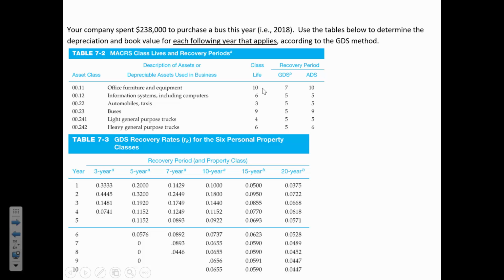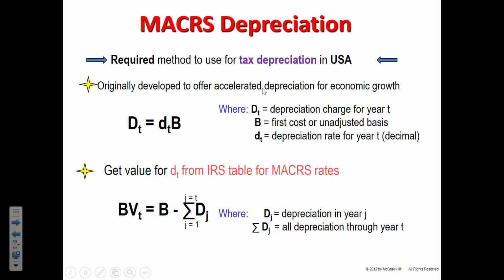Remember, if we take a look at the formula, the book value for each year is the cost basis minus the cumulative depreciation for all the years up until the year that you're in. So we want to know not just the depreciation amount for each year, but what's the book value. And book value is different from the actual market value of an item.